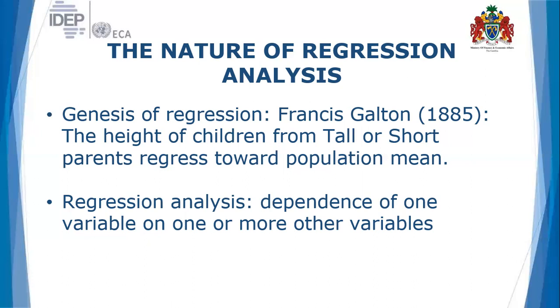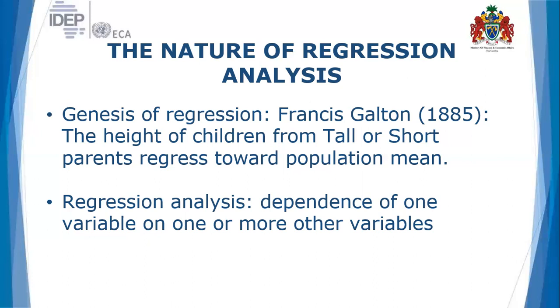Over the years, regression has taken on different meanings and applications, but generally, regression analysis is understood as a technique that helps to establish the dependence of one variable, the dependent variable, on one or more other variables.